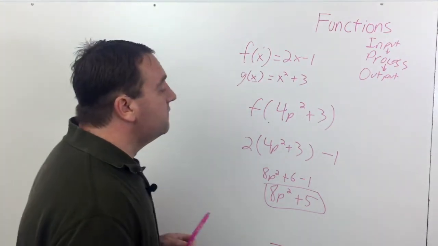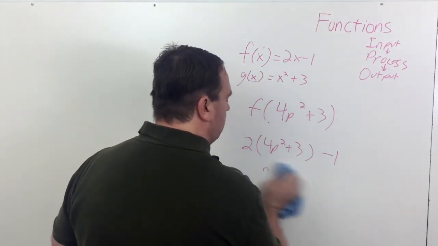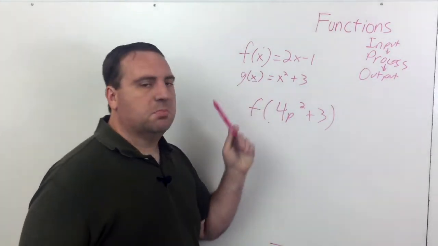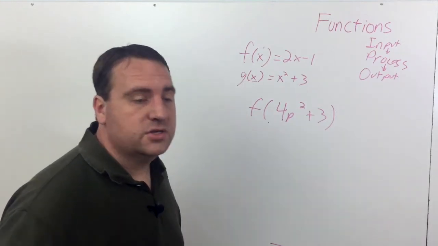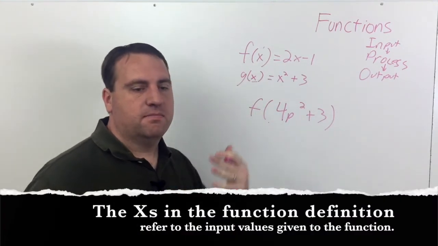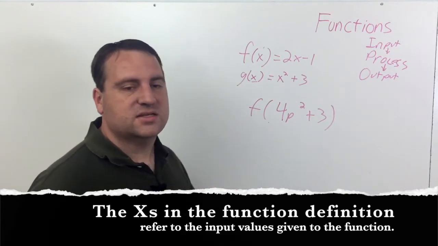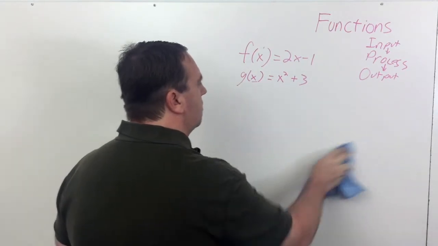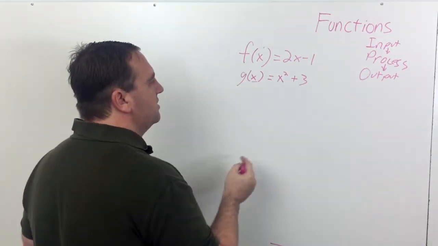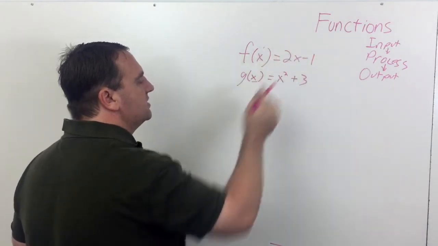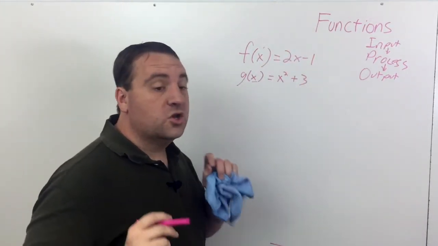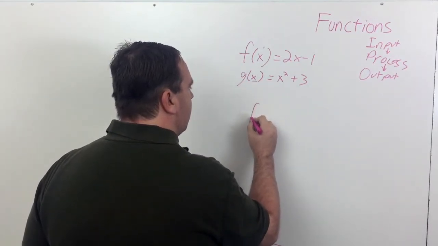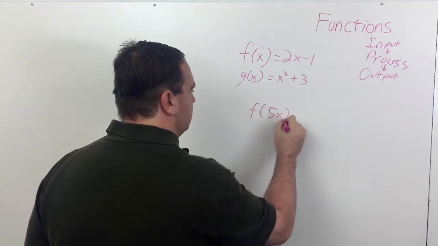But where this gets really confusing is that, as we mentioned earlier, this X is really just a placeholder. So if you're using X in your equation, these X's are not necessarily the same X. They are local to this definition. So this X just means a stand-in. Okay, so we could also have, and this is where people get really confused, we can have F of 5X.